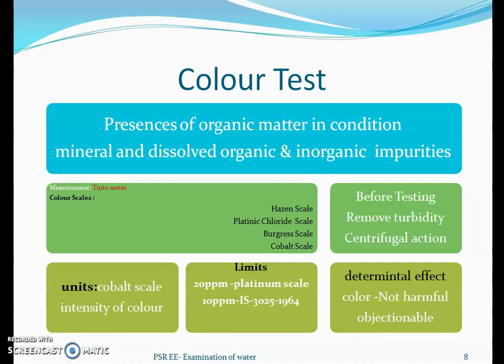Whatever the level of color, it is explained in parts per million on the cobalt scale. The units are those of the cobalt scale intensity of the color. Before testing the color, first we have to remove the turbidity in the water.